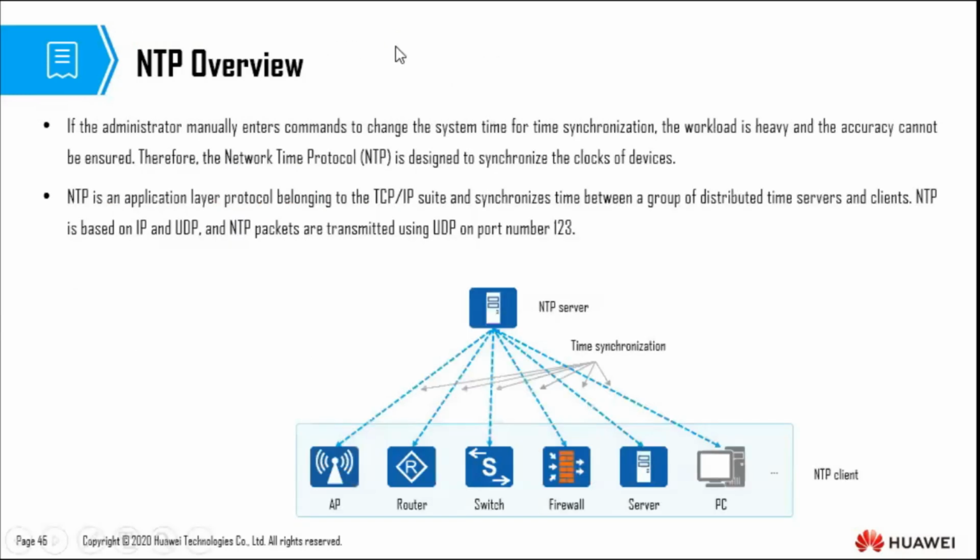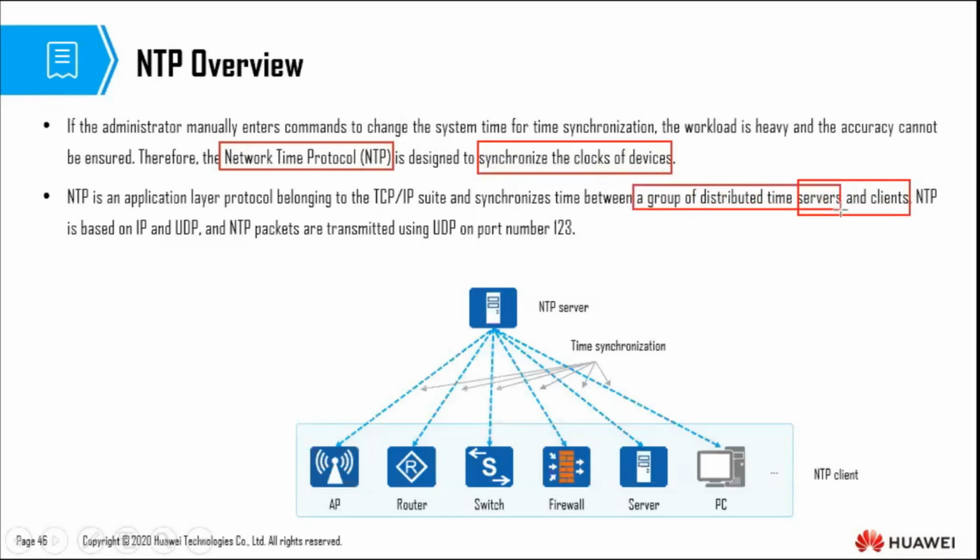So the overview of NTP. NTP, just like the others, Network Time Protocol, is designed to synchronize the clocks of devices. It uses a client-server model with a group of distributed time servers.